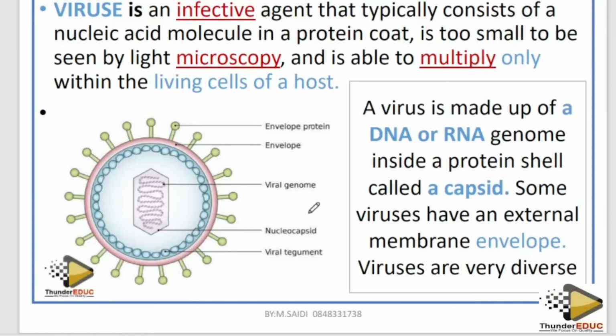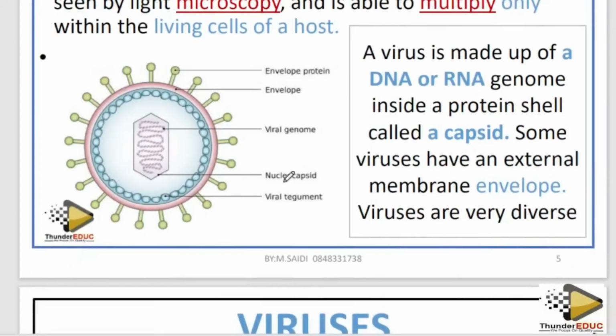And then the non-living characteristics: it cannot respire, and it cannot reproduce without a host. It can only multiply if it has a host, meaning another cell, because it triggers the DNA of the other one and then it multiplies. So please make sure you know the structure of a virus.